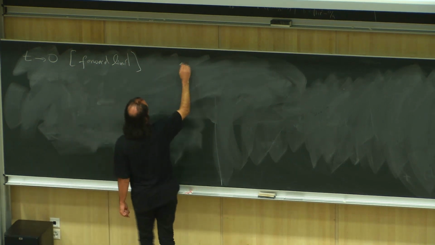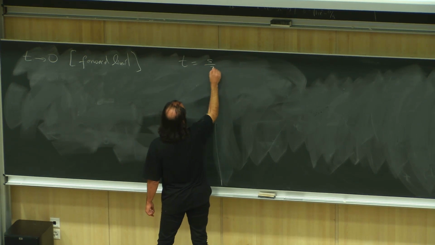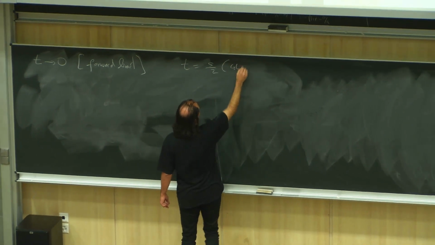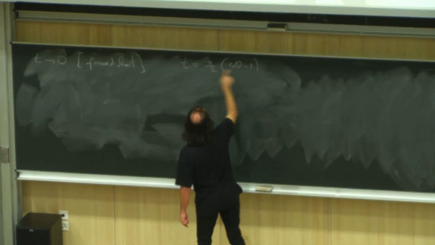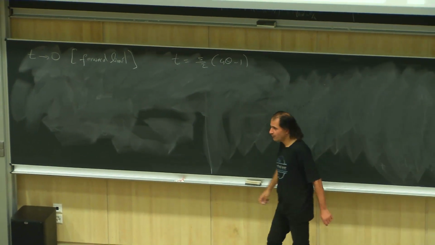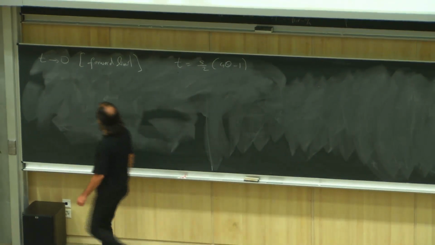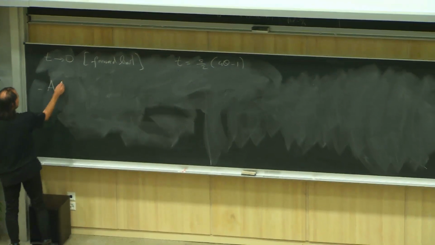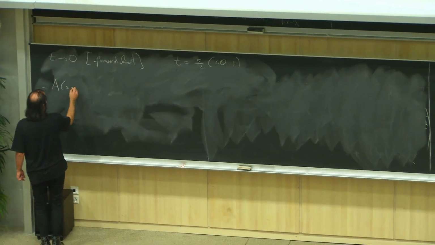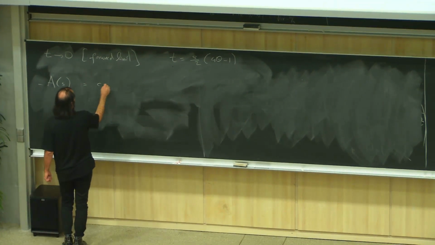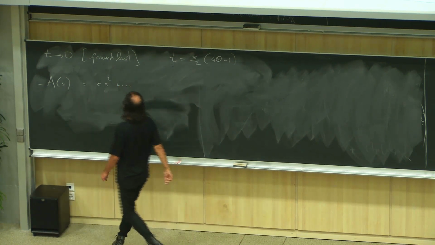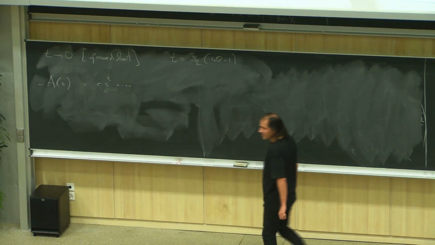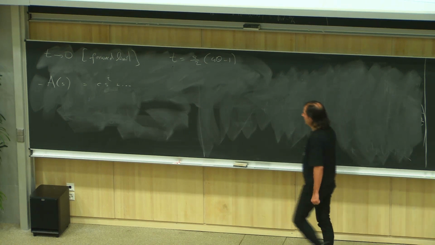You saw from the formula that t is s over 2 times (cos theta minus 1), so t going to 0 means cos theta goes to 1, so that's the forward limit. In the forward limit, the amplitude only depends on s, and so this is some constant times s squared plus dot dot dot at low energies. I'm still being slightly loose here for a reason that you'll see in a second.